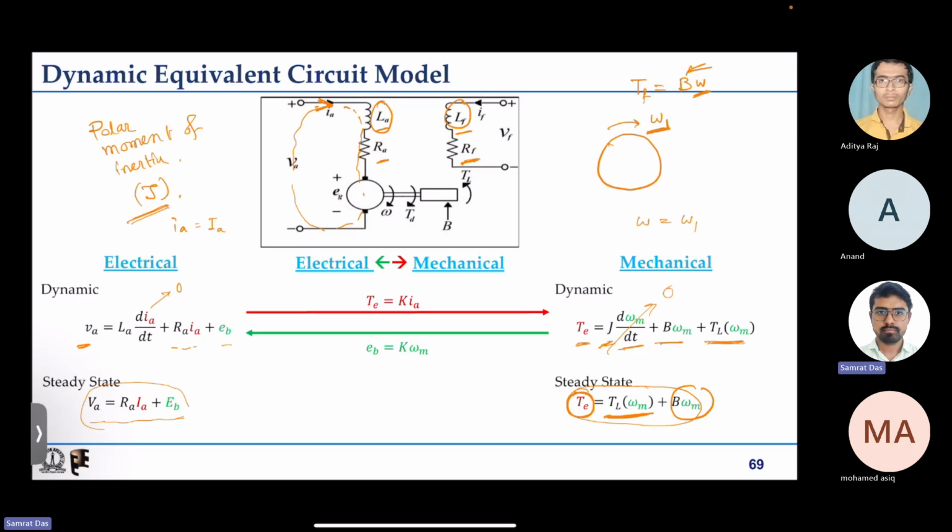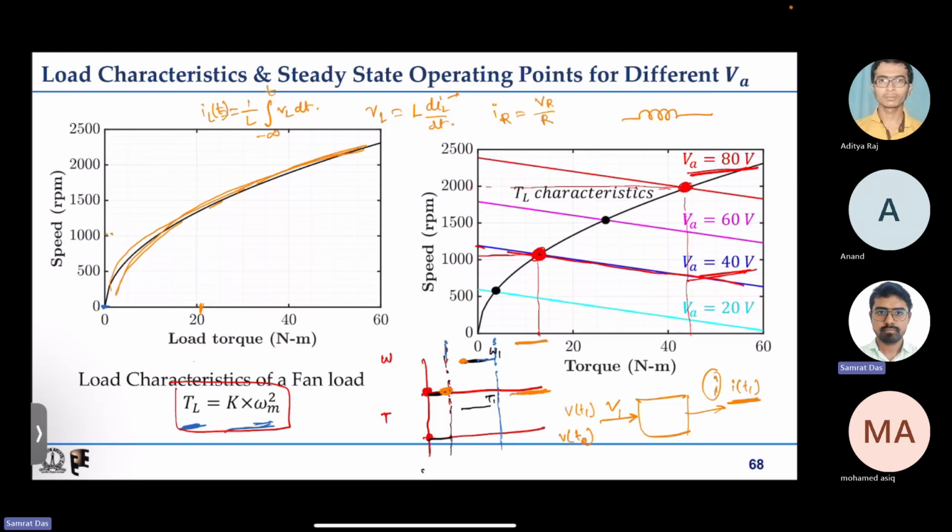All these things need to be known in order to predict dynamics. With this information known, you will be able to predict what happens if we suddenly apply some positive voltage. With these parameters known for a particular machine, we will be able to predict the trajectory taken by the speed as well as the torque, and how they will change.